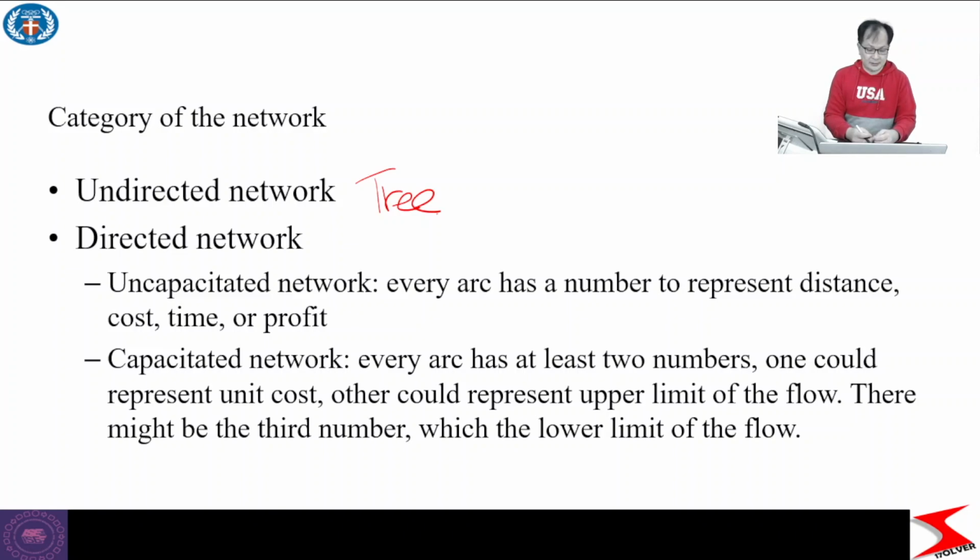And the second kind is the capacitated network. Every arc has at least two numbers. One could represent unit cost, and the other could represent upper limit. There might even be a third number, which is the lower limit of the flow.